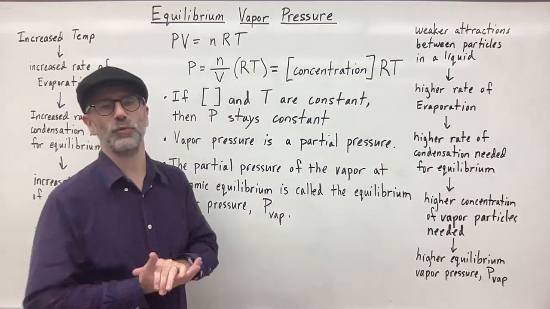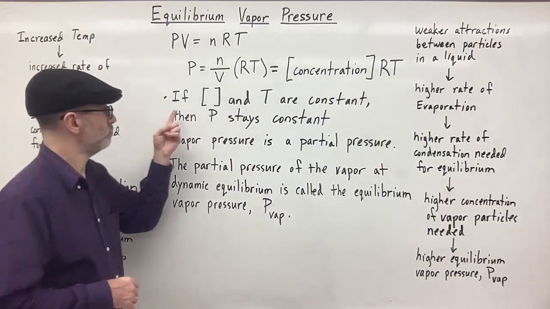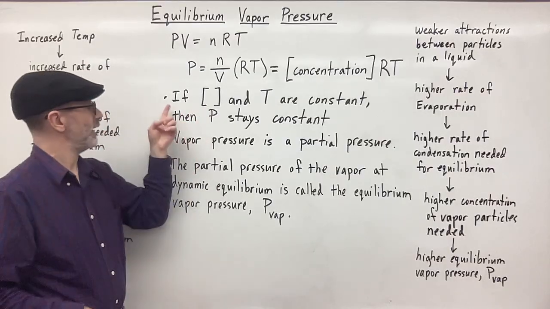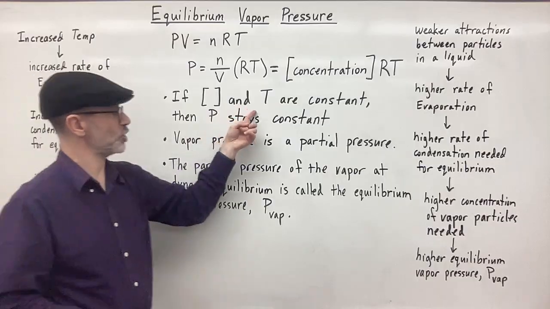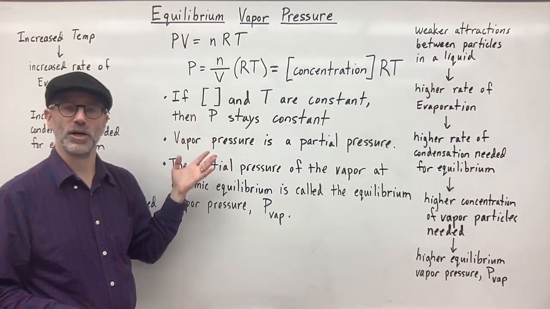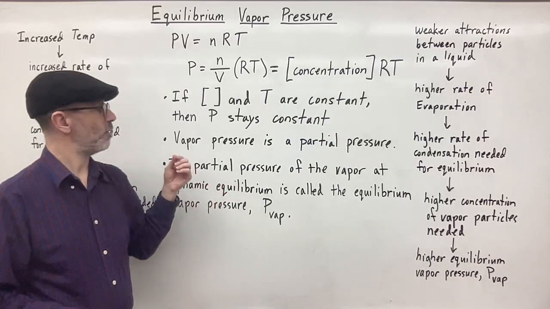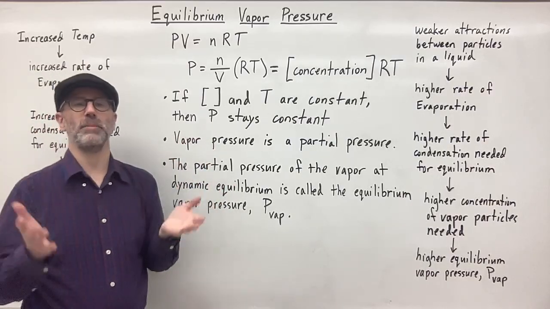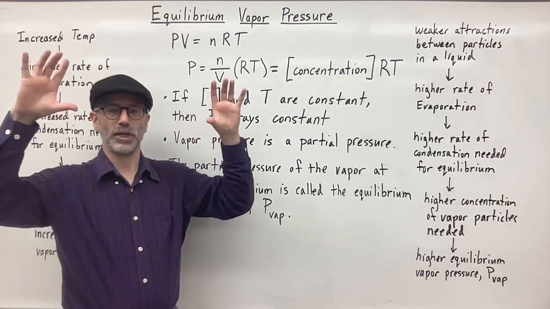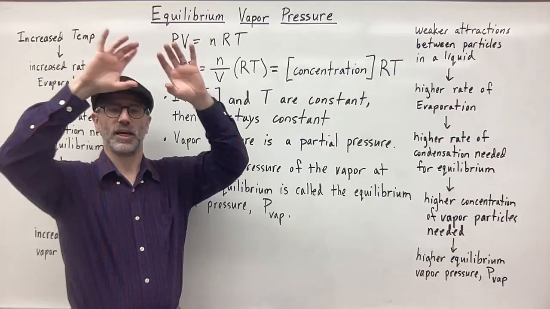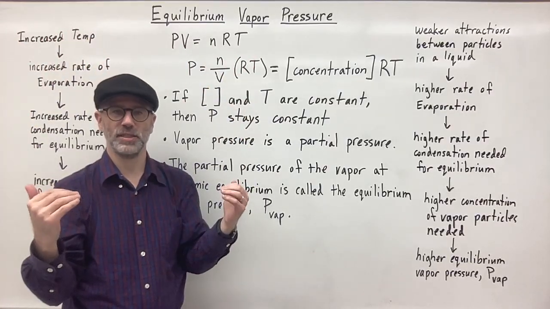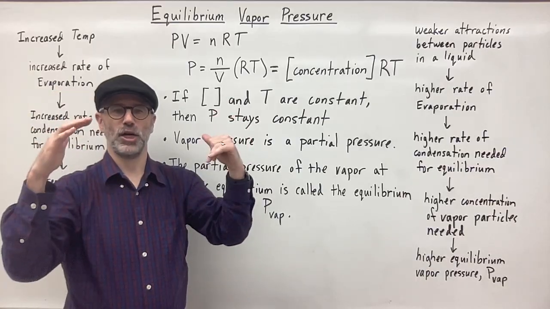So there's a few things we can get from this. One, if the concentration and the temperature are constant, then that means the pressure of the vapor stays constant. So what do I mean by vapor pressure? What I mean by vapor pressure is the pressure due to the vapor that is above the liquid in a closed system, in a closed container, right?